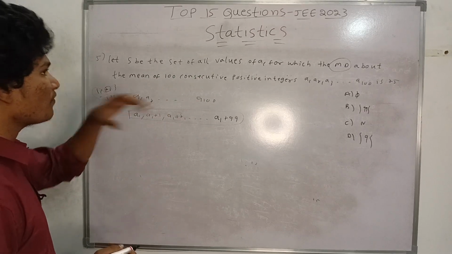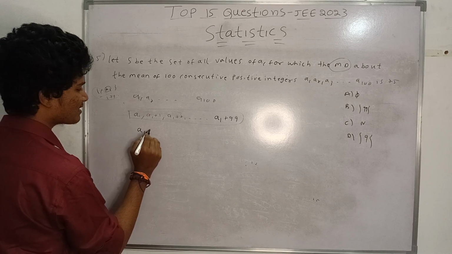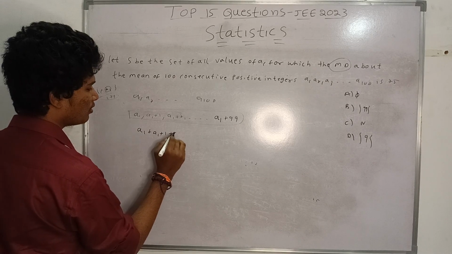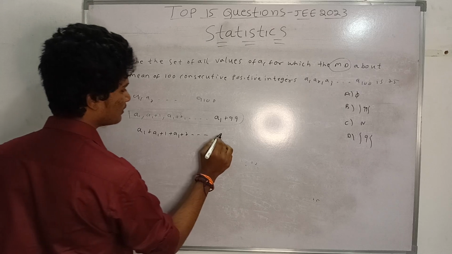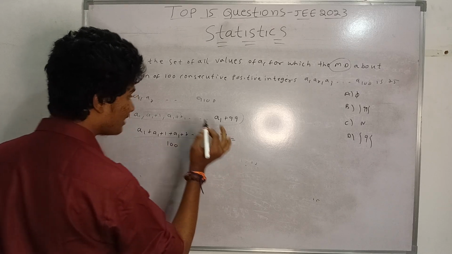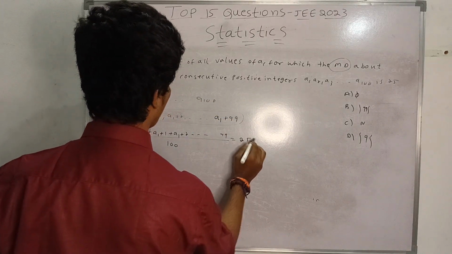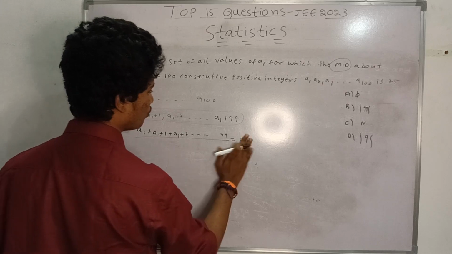And they are saying we have to find the mean deviation and mean. So to find the mean deviation, first we have to calculate the mean. What is the mean? The mean is just the summation up to A1 plus 99 divided by how many terms it is? 100 terms, and the mean of this is 25, and when I take this 100 to the right side, I will get 2500.